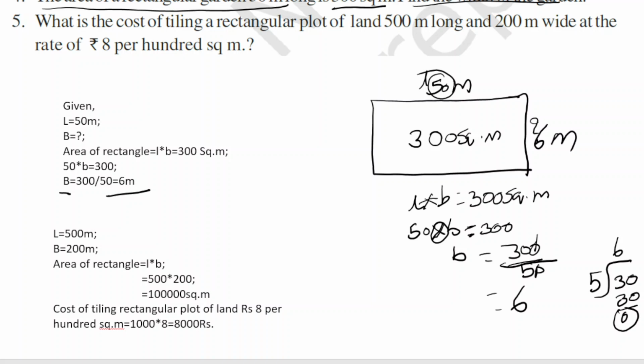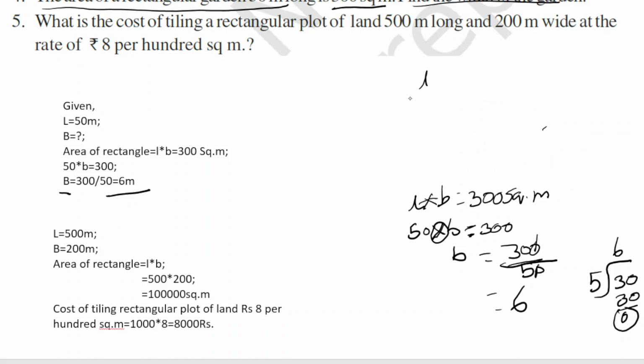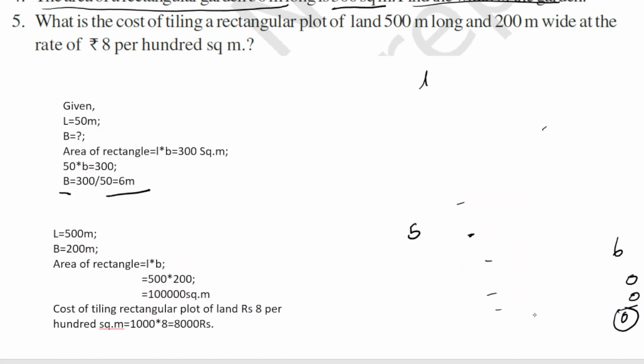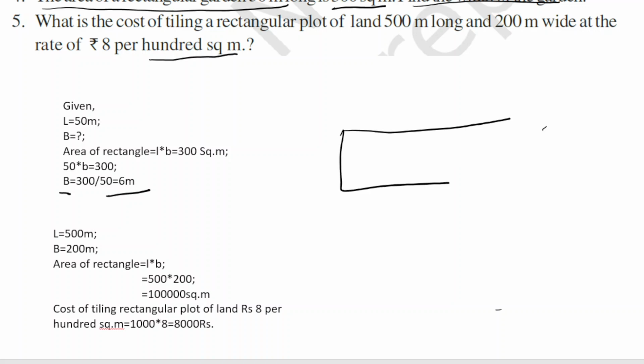And coming to the next one, what is the cost of tiling the rectangular plot of land 500 meters long and 200 meters wide at the rate of 8 per 100 square meters? Here, suppose assume this as the rectangular plot which is having 500 meters as its length and 200 meters as its width.